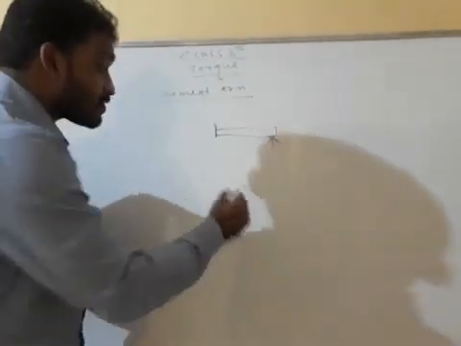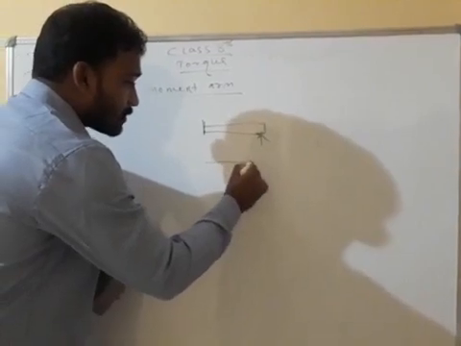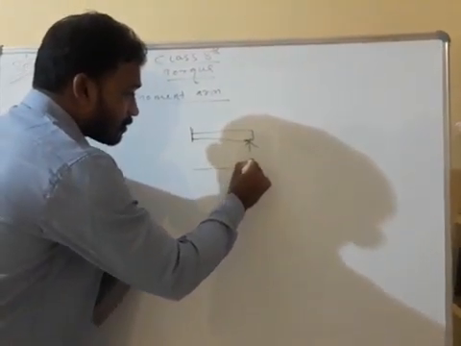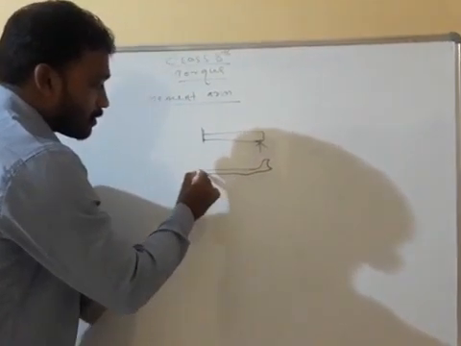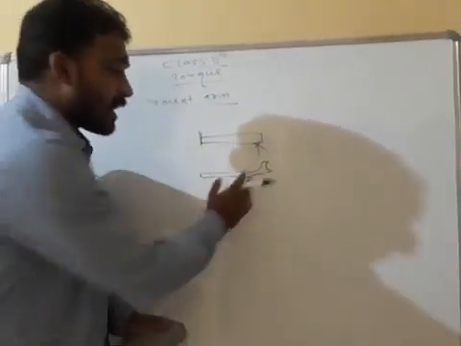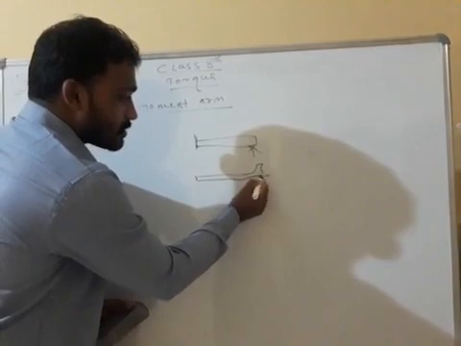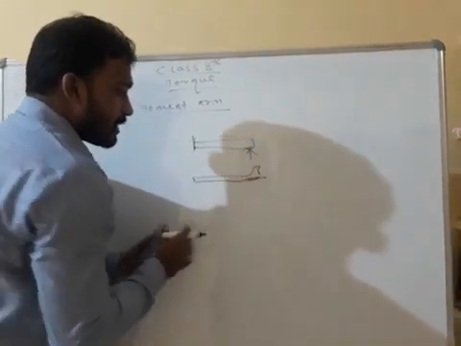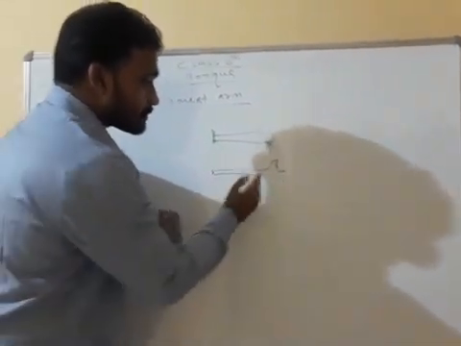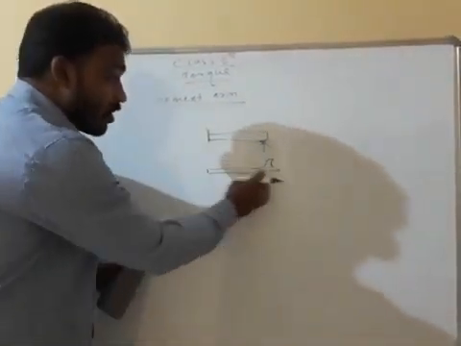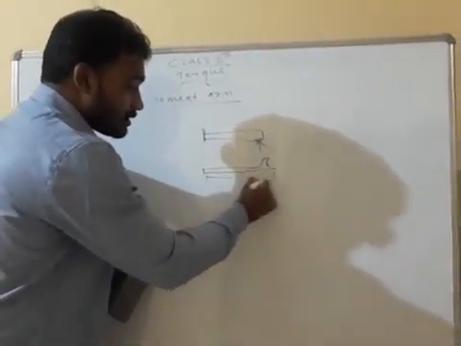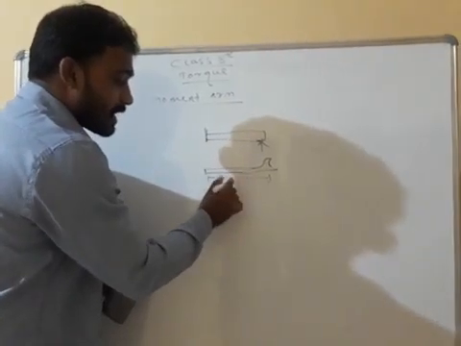Clear? Have you seen a spanner or not? A spanner is used in garages. This spanner has a long handle, meaning the distance from the pivoted point is more.